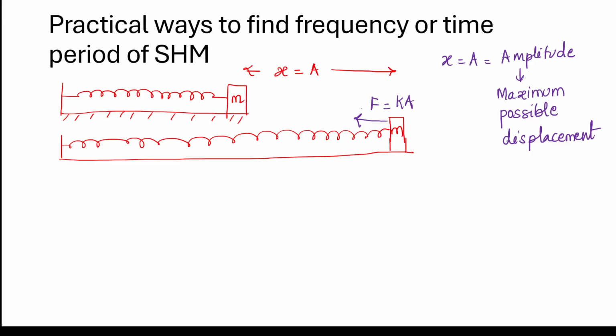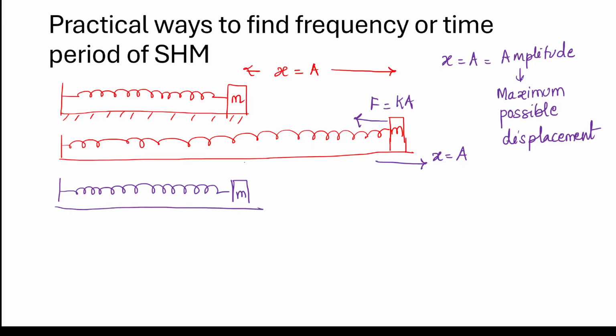Now, this force is going to try to pull it backwards. So see, the displacement was in this direction and my spring force is in the backward direction. Now what would happen is this spring would come back to this position. The minute it comes back to this position, the force would become 0 because there's no extension, okay, because X is 0.